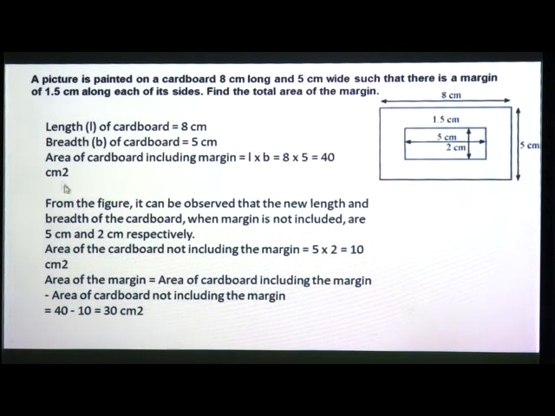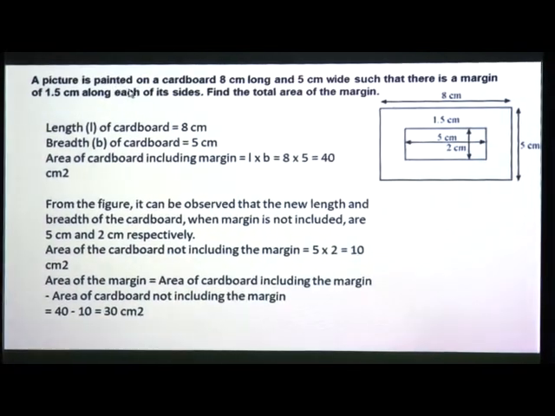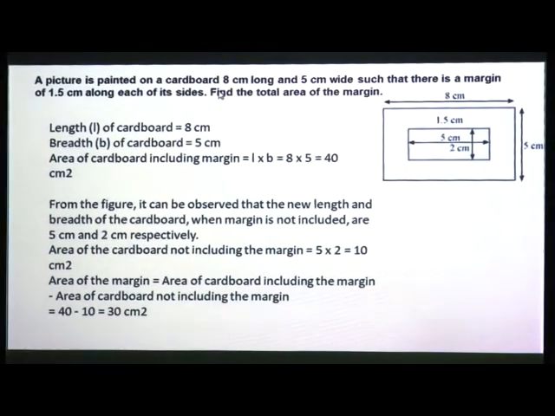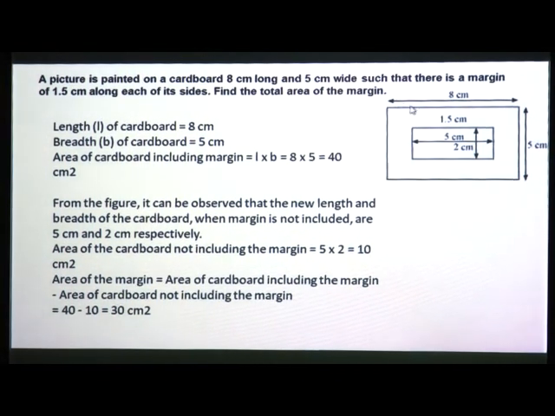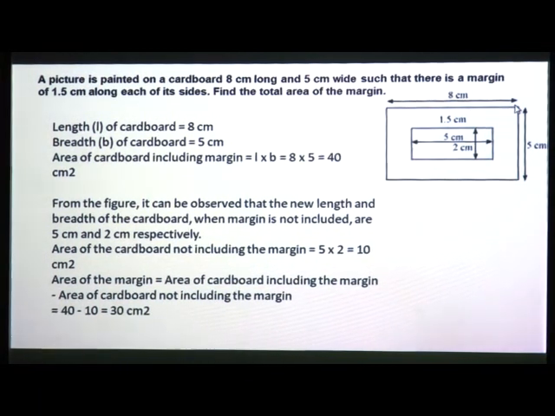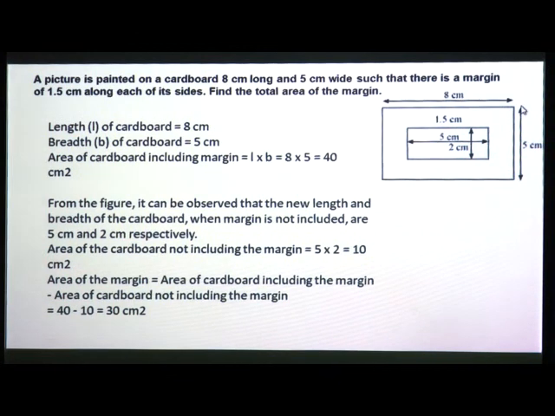Now, one more example. A picture is painted on a cardboard 8 centimeter long, the length is 8 centimeter, already given, and 5 centimeter wide. 5 centimeter is the width, or we can say the breadth, such that there is a margin of 1.5 centimeter.